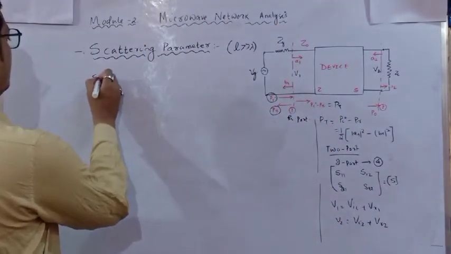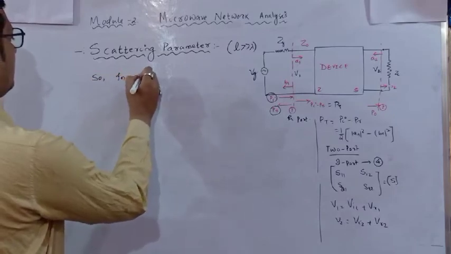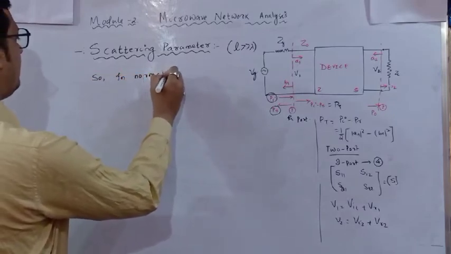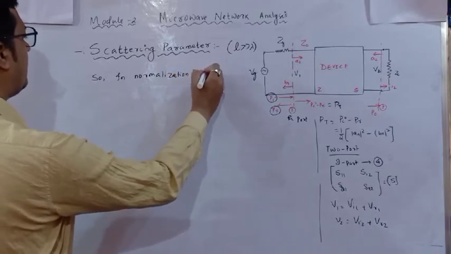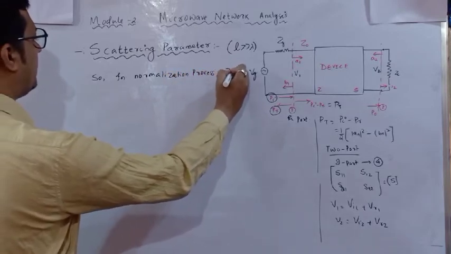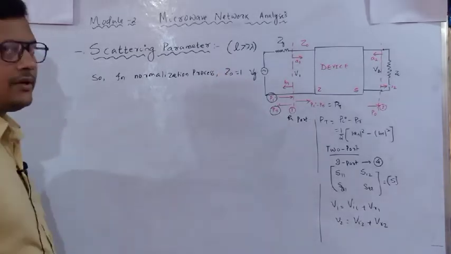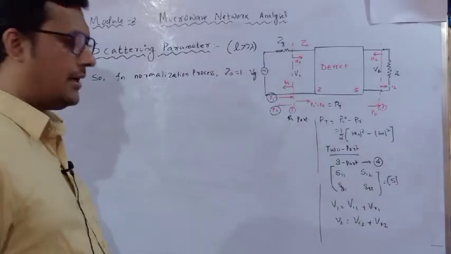So in the normalization process, we have to consider the characteristic impedance for that network as 1.